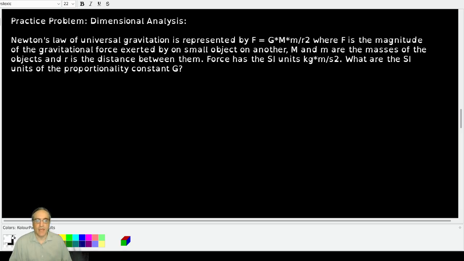In this formula, F is the magnitude of the gravitational force exerted on small objects on each other. The wording here is a little awkward. Let me fix this while we're here. Exerted by a small object on another object.